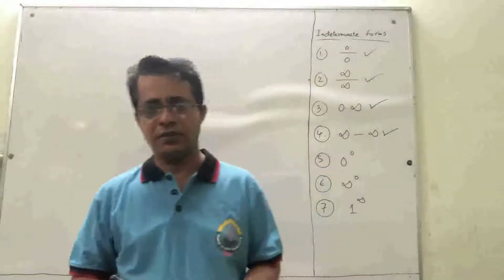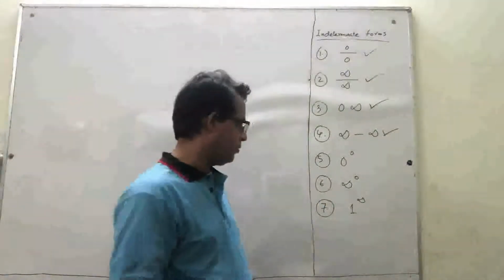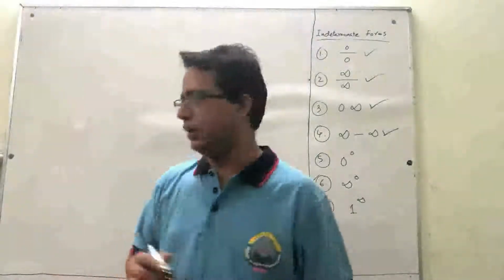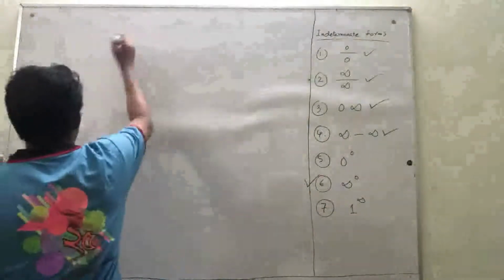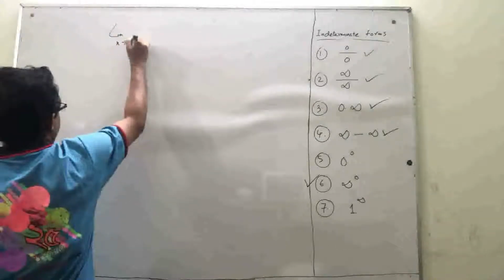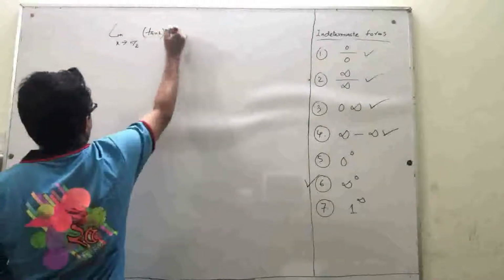Dear student, for discussing another indeterminate form, infinity to the power 0, we can take an example. Limit x tends to pi by 2 of tan x whole power cot x.